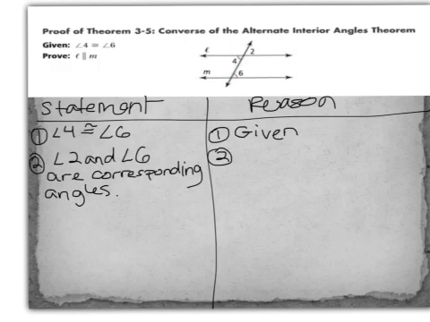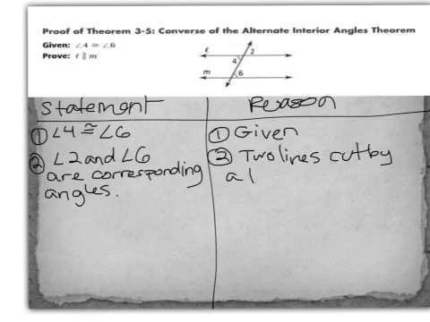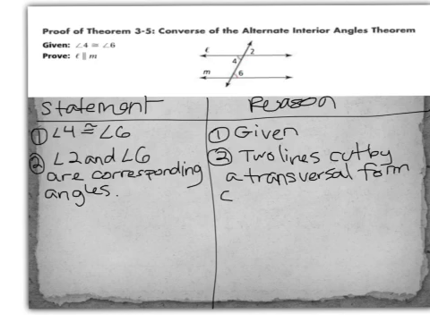And our reason is that two lines, we don't know that they're parallel, but two lines cut by a transversal form corresponding angles.